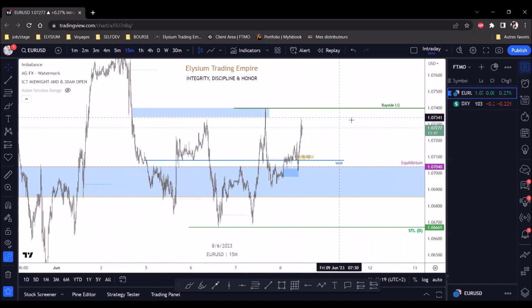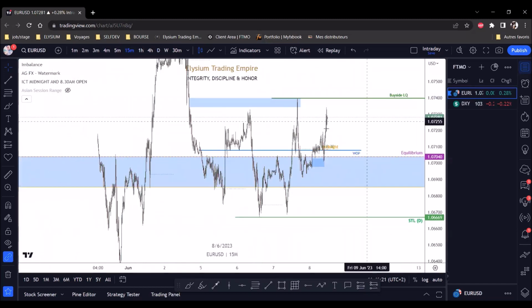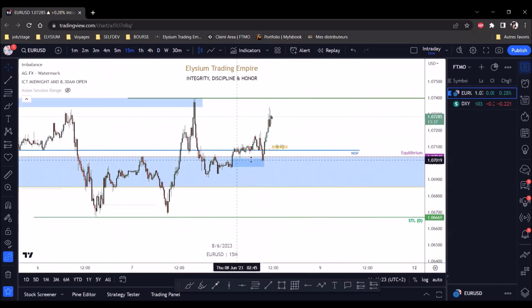You trade from there, let's say from 0.7, to almost 40 pips. So if you have at least 20 pips, for me it's a good trade. If it's less than 20 pips, it might not be worth taking.